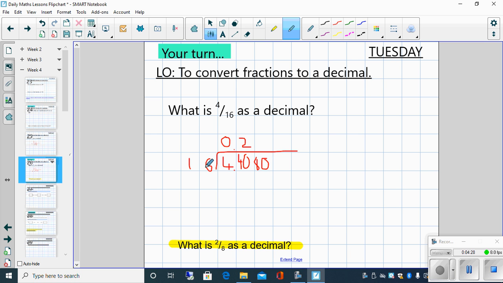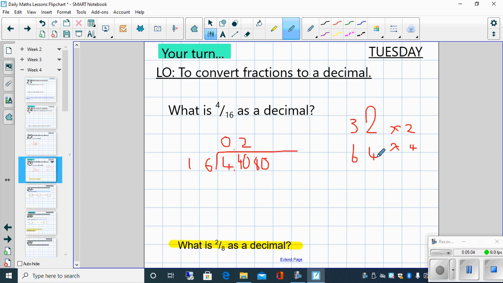If we know that 2 lots of 16 is 32, I'm just going to write my multiplication facts up here: 16 times 2. I know that if I double that, I will get 16 times 4, which is 64. Does another lot of 16 equal 80 or below?